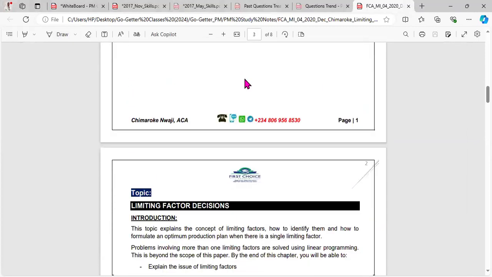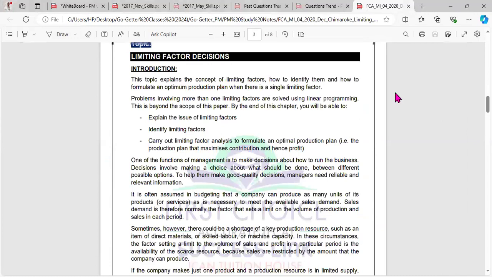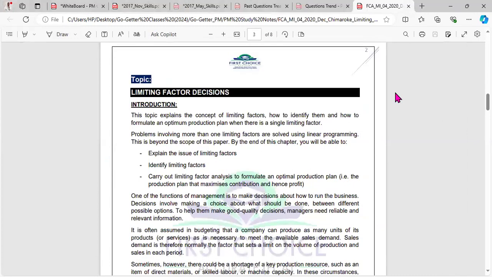All right, so we'll be looking at a topic called limiting factor decisions. Okay, so what is a limiting factor? First of all, what are factors? These are factors of production. Normally, we were told that factors of production in economics are land, capital, and entrepreneurship, right?